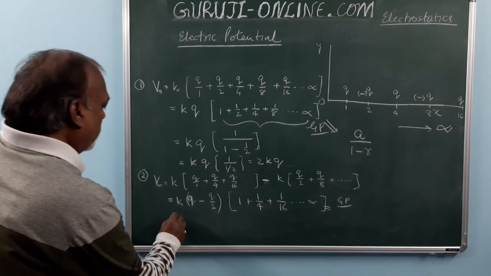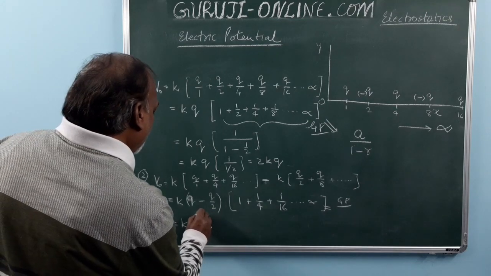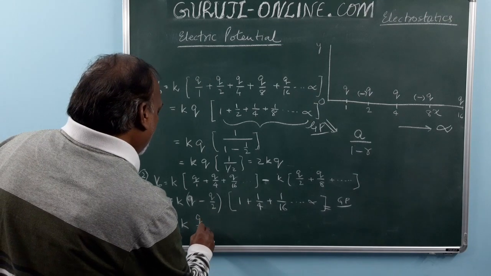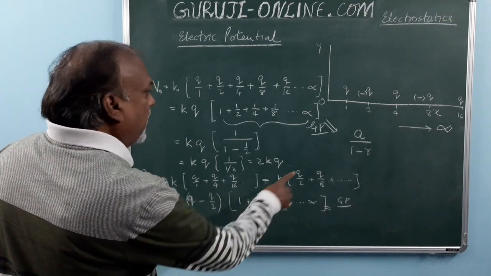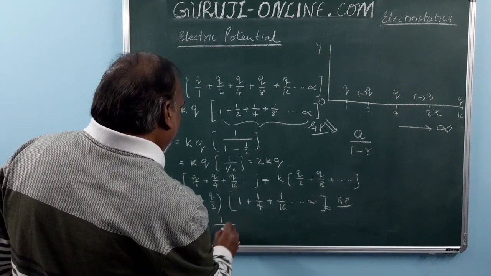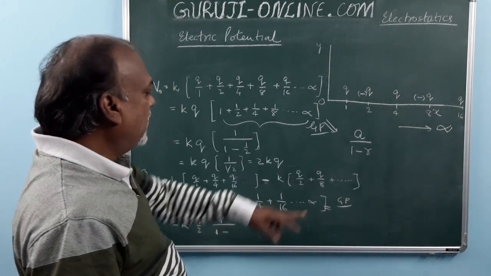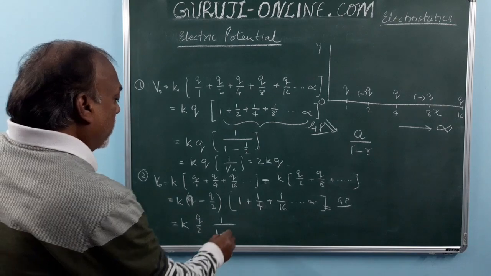Now, K, Q minus Q upon 2, and here A is 1, divided by 1 minus R, where R is 1 by 4.